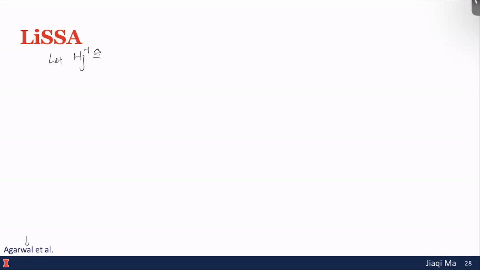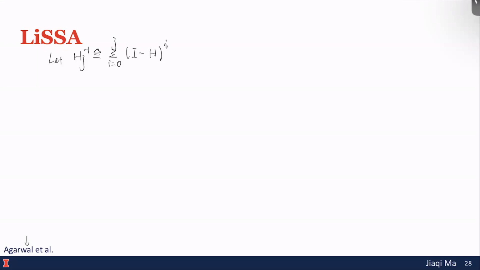This is just a notation. It's defined as the summation over i from 0 to j of (I minus H) to the power of i. Here H is the Hessian.